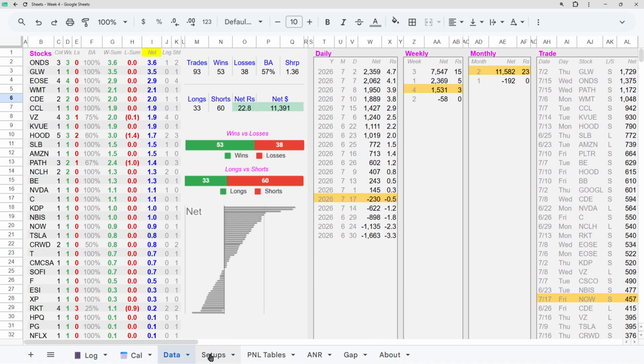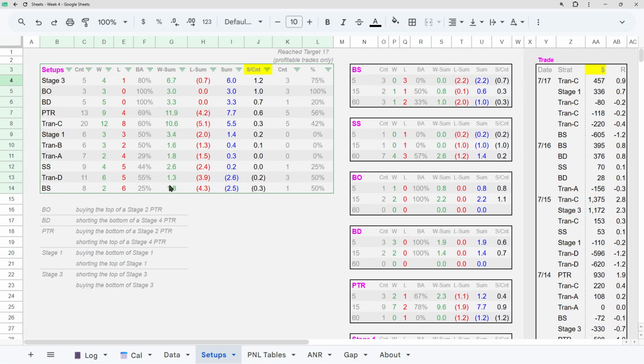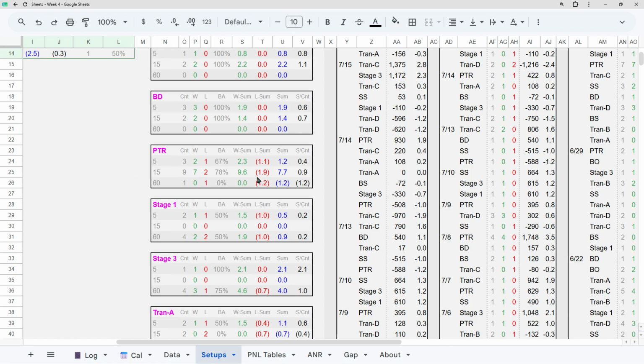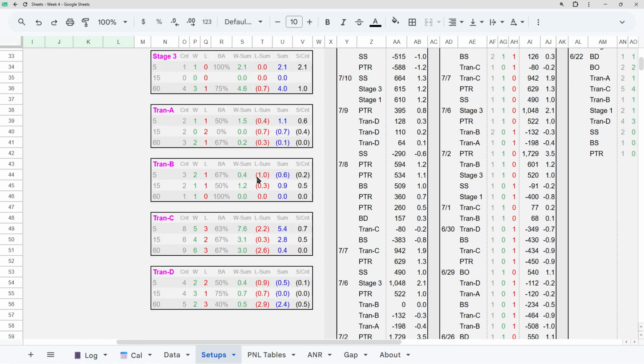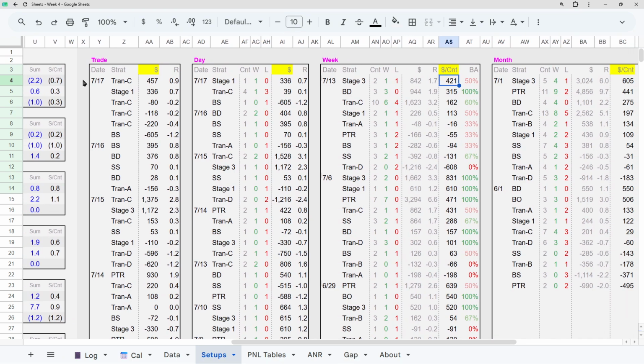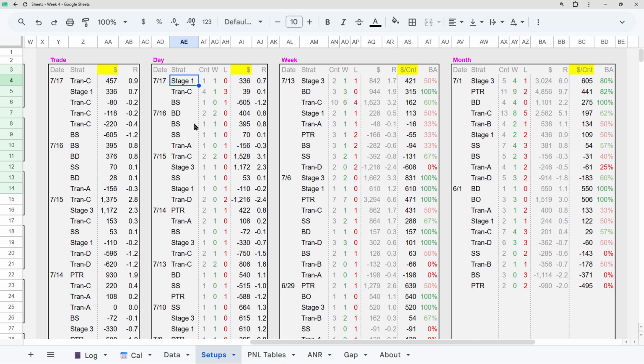Setups. We have my setups, some stats, and the same, but divided by time frames. So 5 minutes, 15, and 60. And now I'm ranking my trades. So individual trades, what strategy I used, how much money they made me in R's, and then I'm grouping them per day.